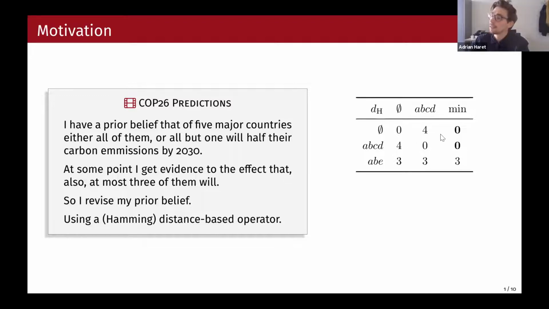And then the result of my revision is those models of mu here on the left that are at minimal distance. You basically choose the ones that minimize the smallest number on each row. And the numbers, like I said a couple of times already, are distances.